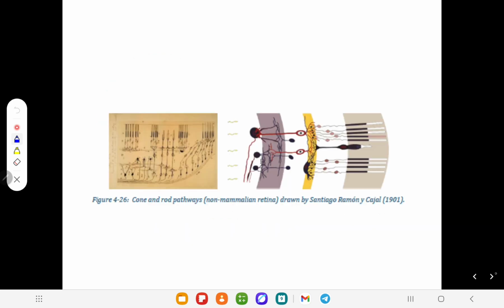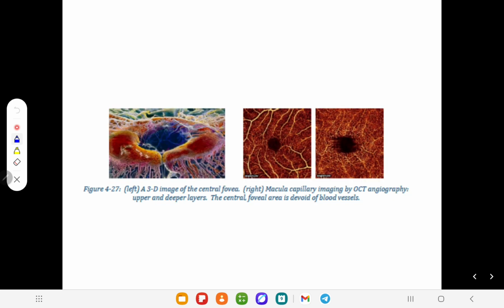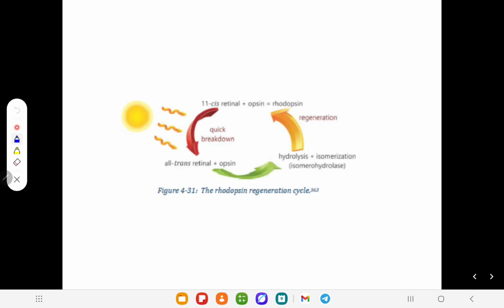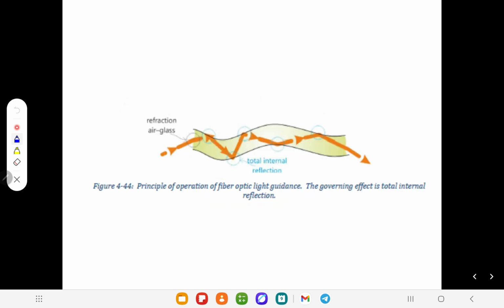Yes, and this is the picture by Santiago Ramon y Cajal. I think he's the father of modern neuroscience. So this is the fovea, where the center, the vascular structures, and this is the rhodopsin regeneration cycle. I think you know the vitamin A cycle. Now this is the slide I want to discuss with you.